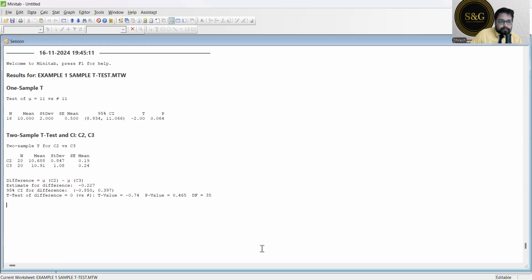Here, the T value is calculated, which is found to be 0.74, and the P value is 0.465.